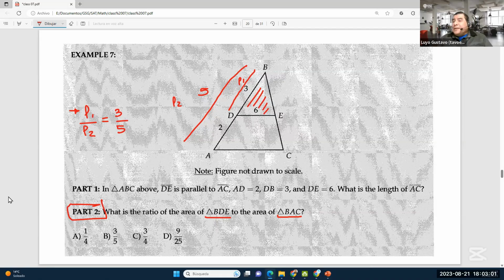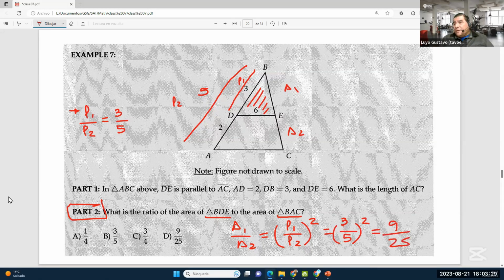Since we want to find the ratio of the area of the smaller triangle to the bigger triangle, then simply this ratio, or area 1 to area 2, would be this proportion, but squared. So it's simply 9/25.